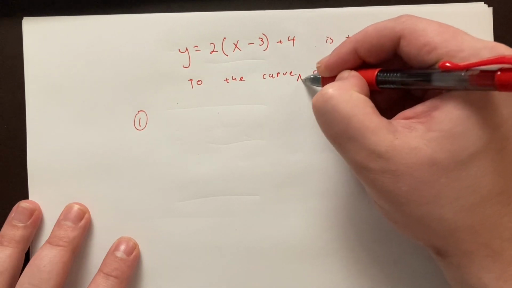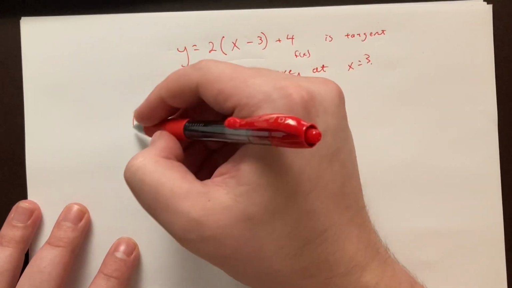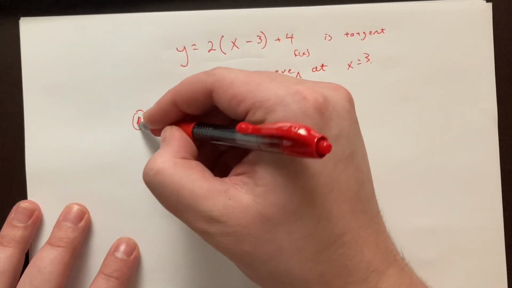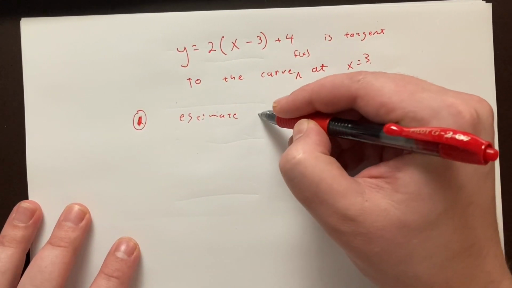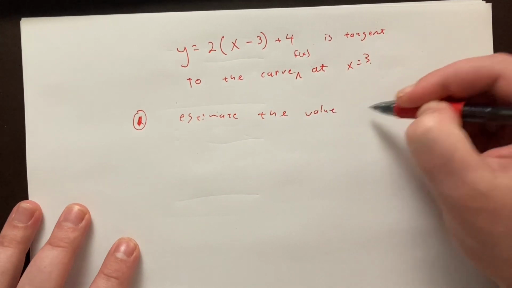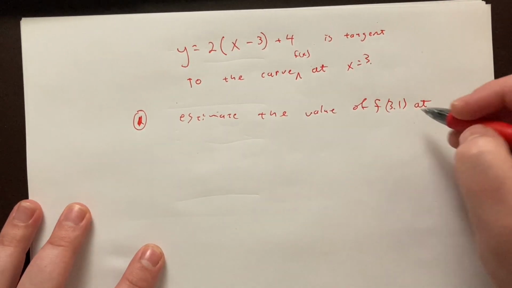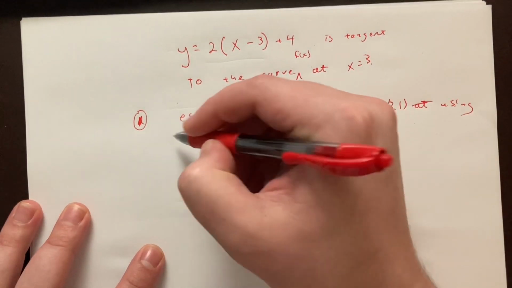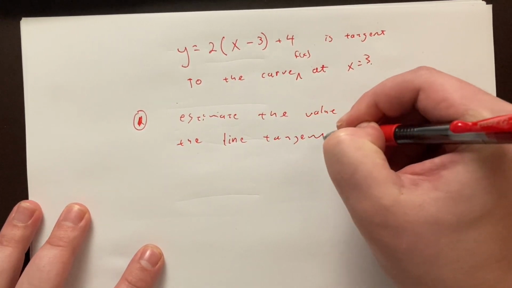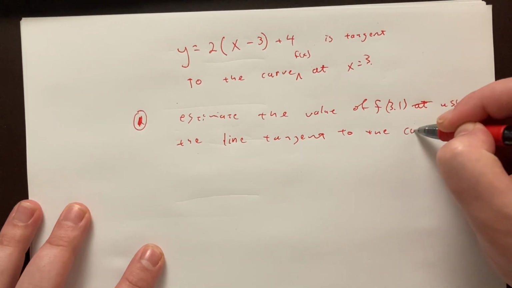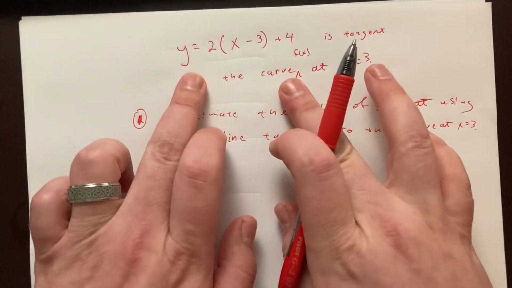First, part A might be: estimate the value of f of 3.1 using the line tangent to the curve at x equals 3. So in this case, we're already given this.